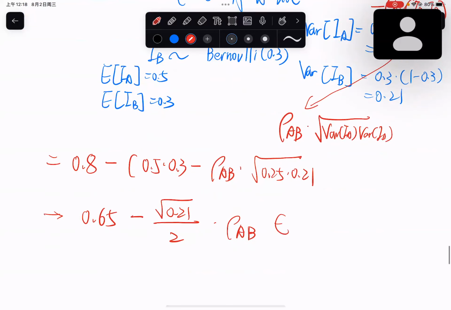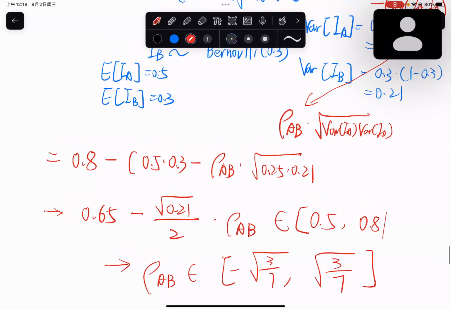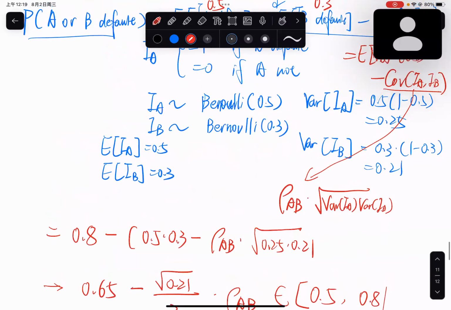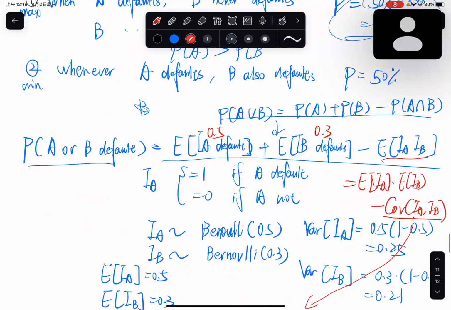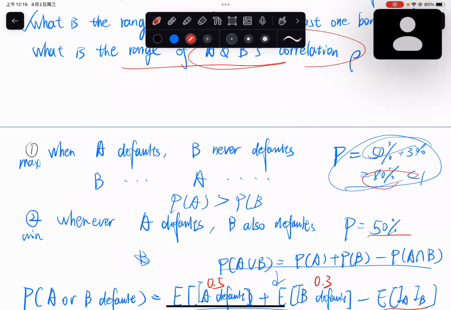And we know this one is within the range of 0.5 to 0.8. And we can get that the correlation range is within negative square root 3 over 7 to positive square root 3 over 7.